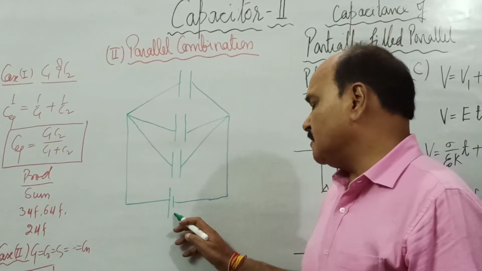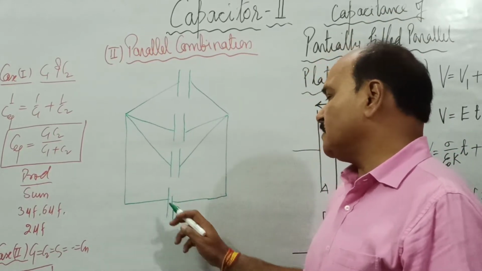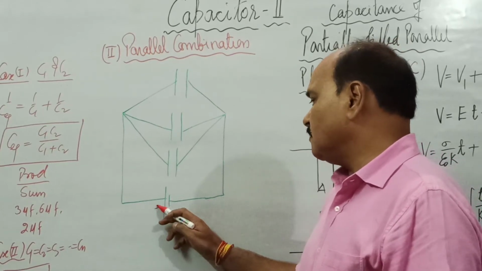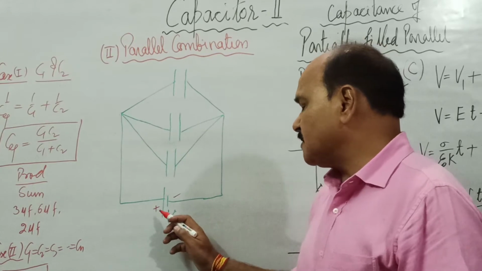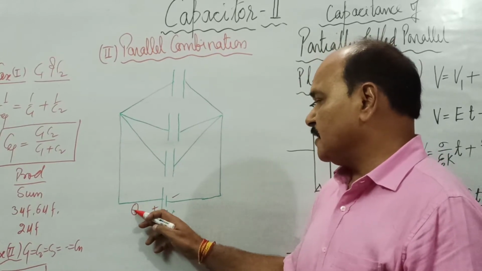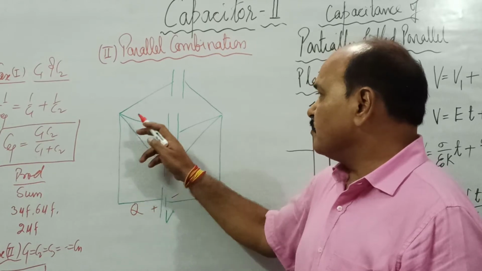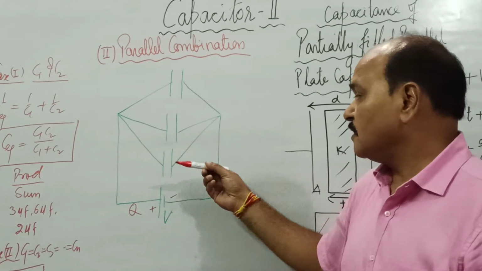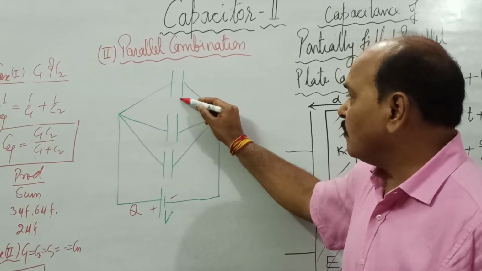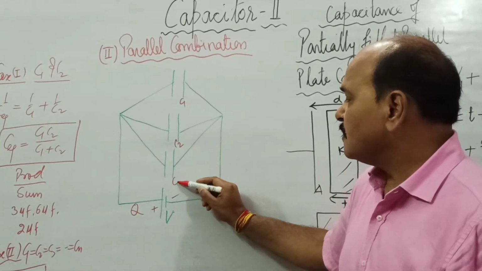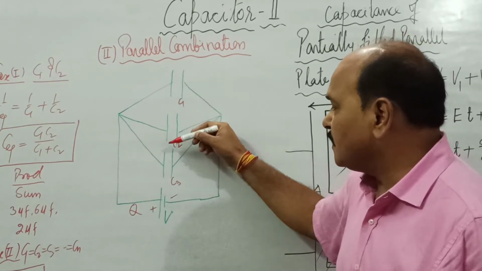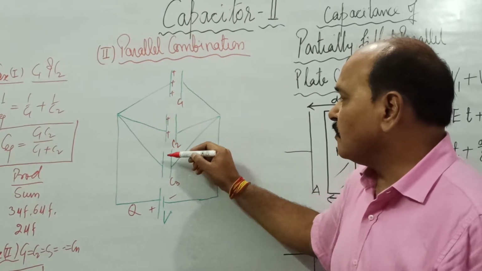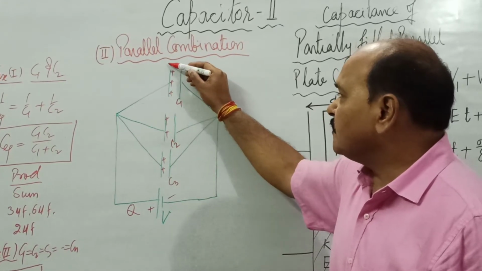Well, this is the potential difference across the terminals of the battery, which is connected here. This is positive electrode and this is negative electrode. Well, what happens? The charge Q, which is drawn from the battery, now is moving over these 3 plates. If there are 3 capacitors connected in parallel, this charge is going to be distributed over all 3 capacitors, and all the 3 capacitors will have their left plate with positive charge over them.